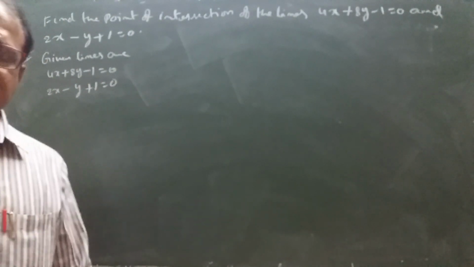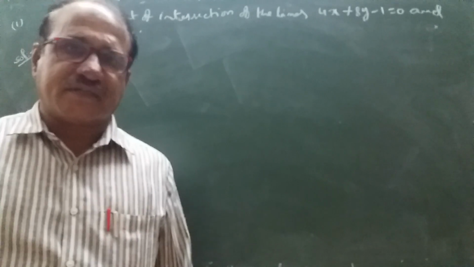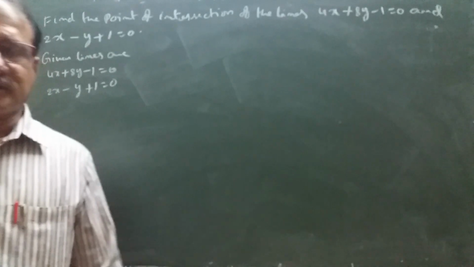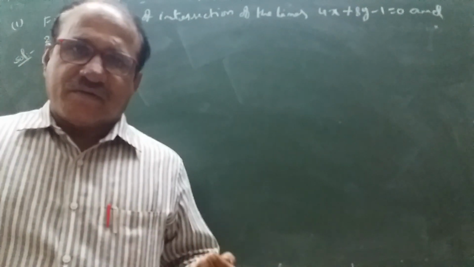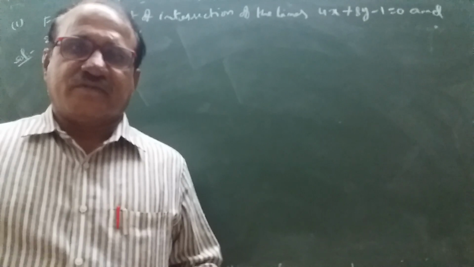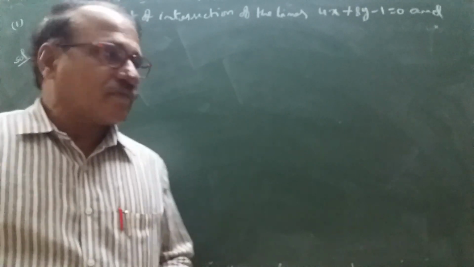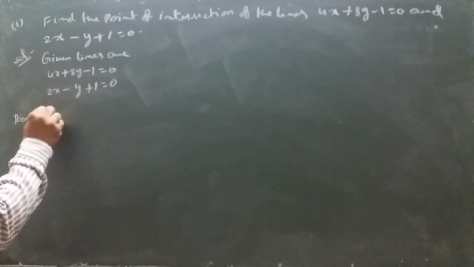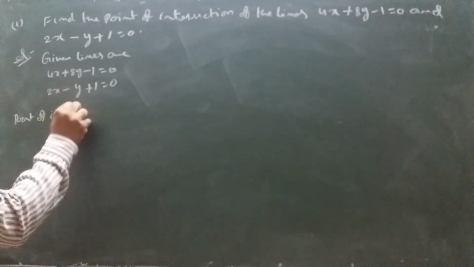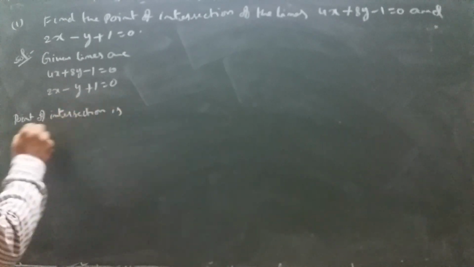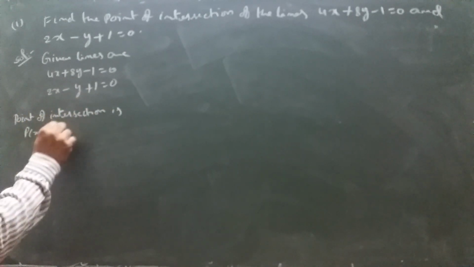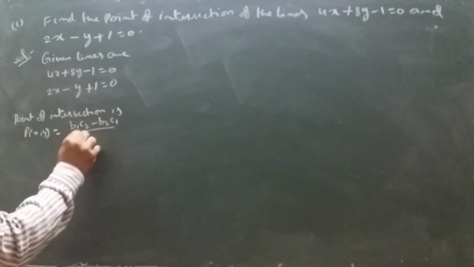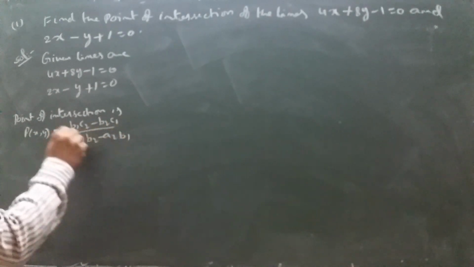We can find the point of intersection by the elimination method, or by the cross multiplication method, or by the substitution method, or by using a formula. The point of intersection we already proved. The point of intersection is P(x, y) is equal to (B1 C2 minus B2 C1) by (A1 B2 minus A2 B1).